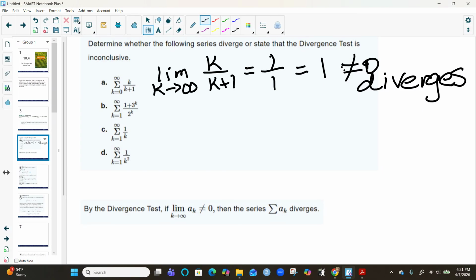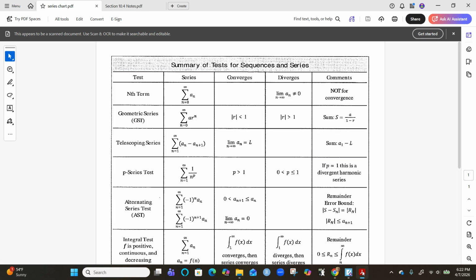Okay, I'm going to skip B for a minute. I'm going to go to C. Now this can also be used with horizontal asymptotes. The degree of the numerator is 0, and the degree of the denominator is 1. It's bigger, it's bottom heavy. So when that happens, we get a limit of 0. And so look at our decision-making tool.